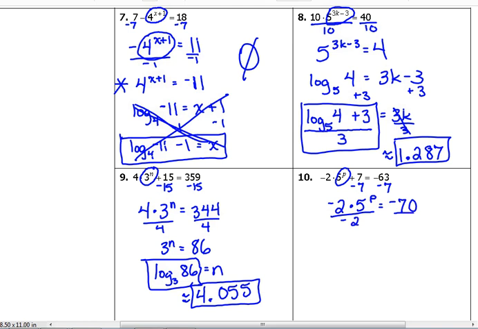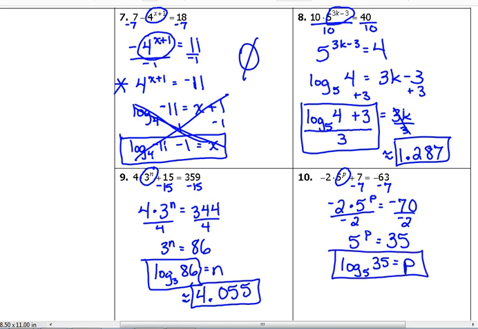Then we divide by negative 2. 5 to the p equals 35. 5 times 7 is 35, but that doesn't do us any good exponentially. So we put it in log form. Log base 5 of 35 equals p.